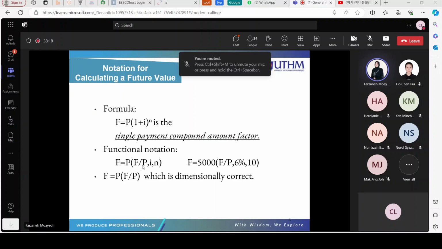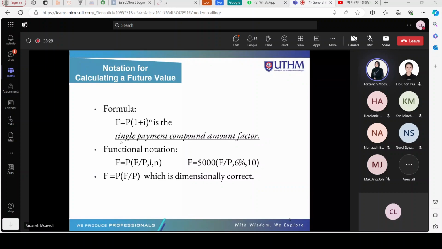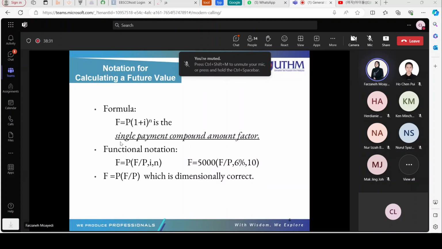Okay. Another thing to keep in mind is that these two I have introduced so far, present value and future value, are both based on a single payment. Single payment means that only a one-time payment is required.